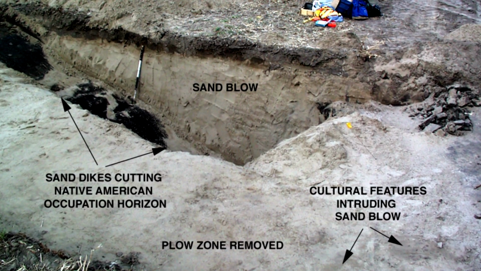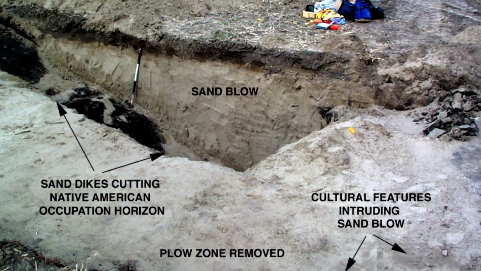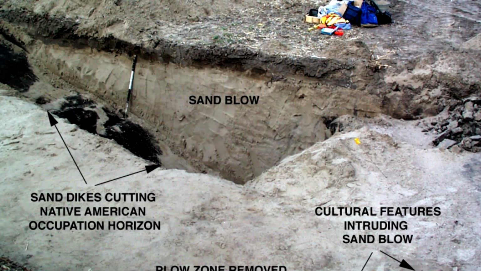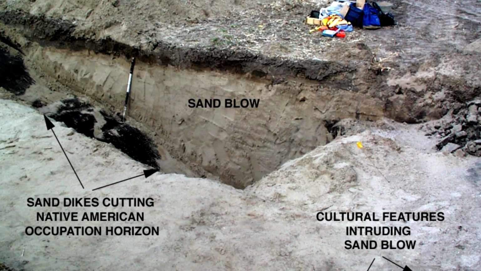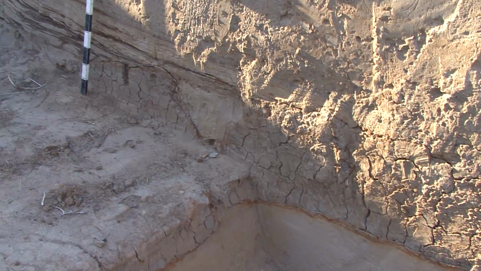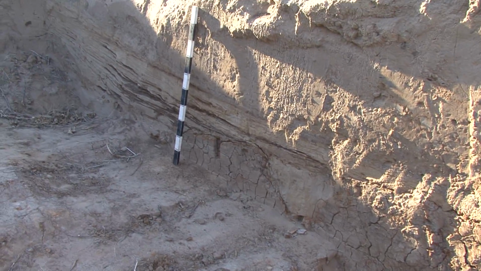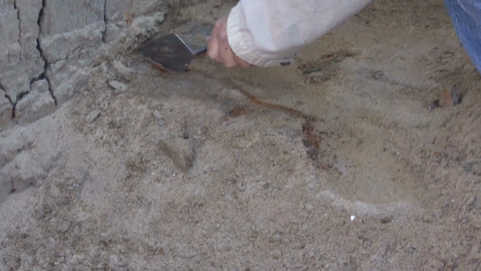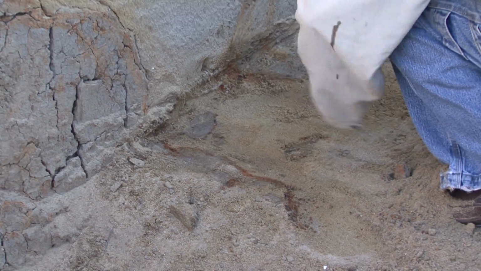So when we go to the field, we might go to these areas where we've identified likely sand blows from reviewing aerial photographs and satellites and verify that interpretation by digging soil pits and excavating trenches.